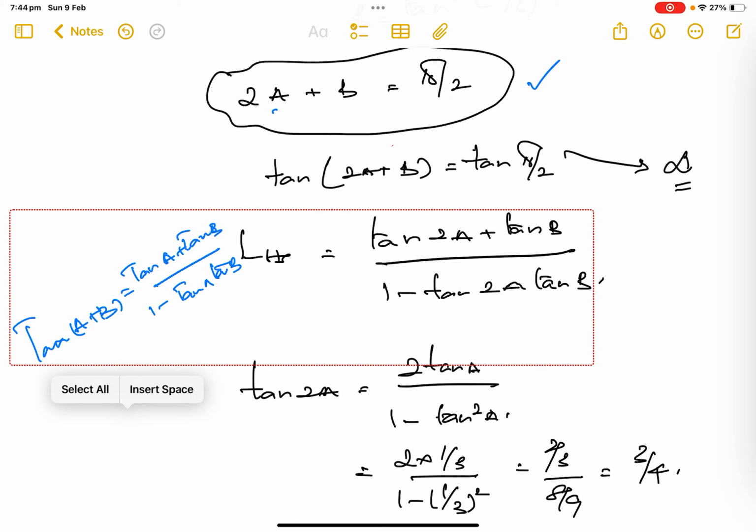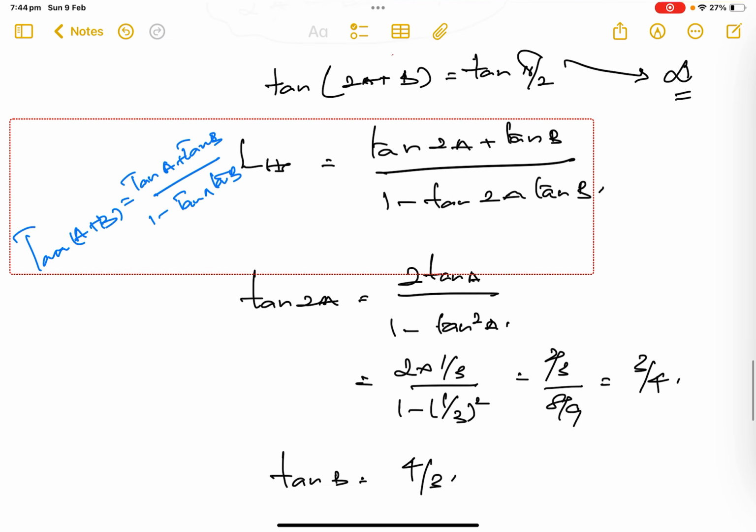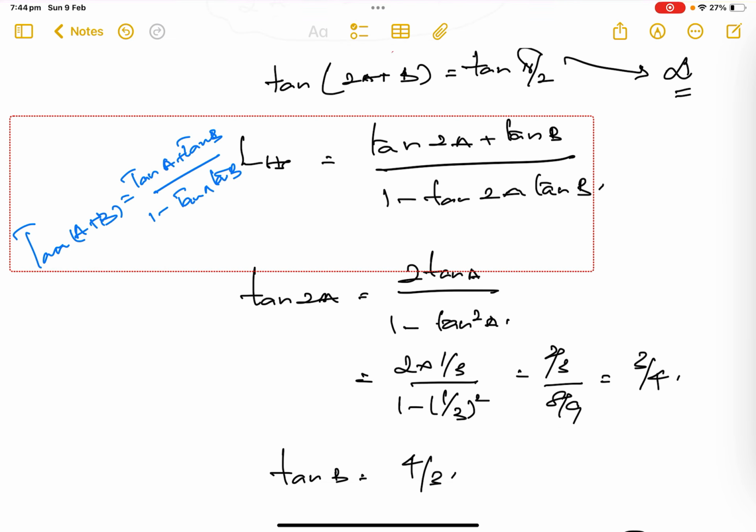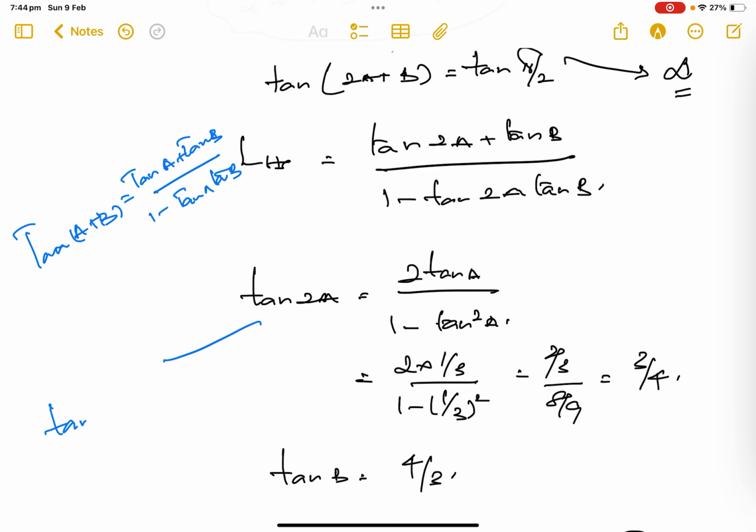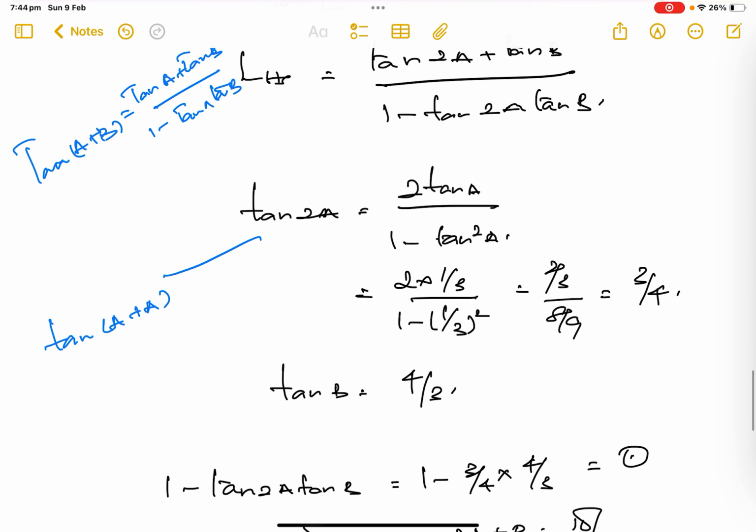So here it is 2A and B: tan 2A plus tan B divided by 1 minus tan 2A tan B. Tan 2A again, we can write as tan (A plus A), which is tan A plus tan A over 1 minus tan A times tan A. This is 2 tan A over 1 minus tan squared A.